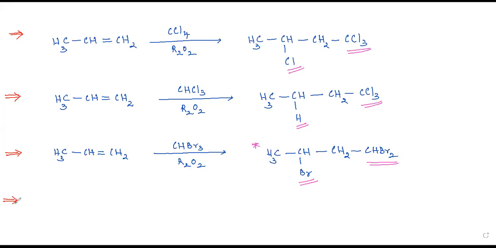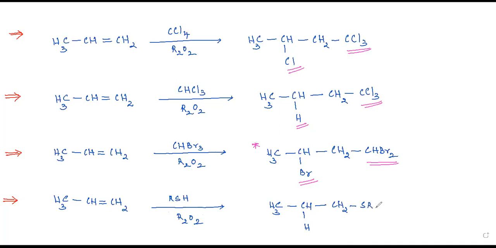Then, see, when a thiol is added, alkane thiol in the presence of peroxide. Here again, of course, it is the regular one. Hydrogen, then SR. Okay.